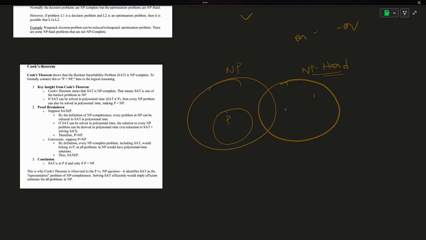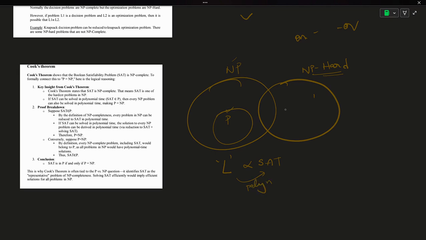So this is the Venn diagram of NP, NP-hard, P. Now let's take an example of some particular problem. Let there be a problem L which is reducible to the satisfiability problem in polynomial time.